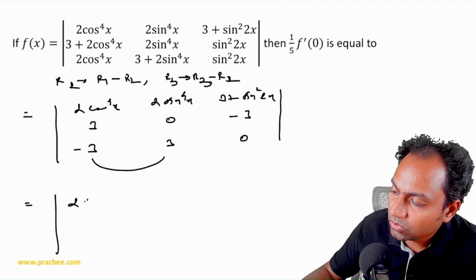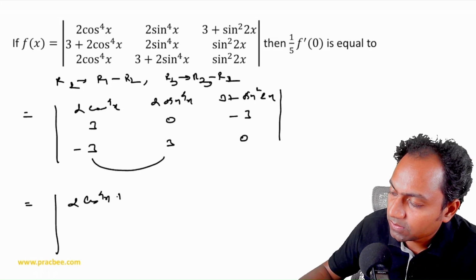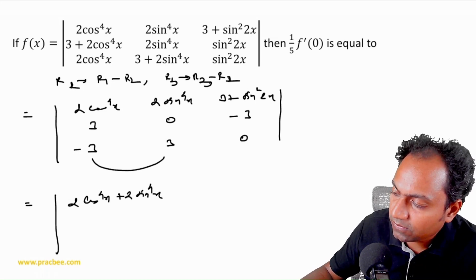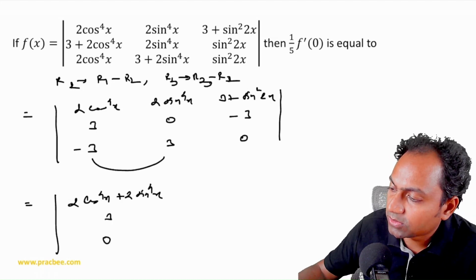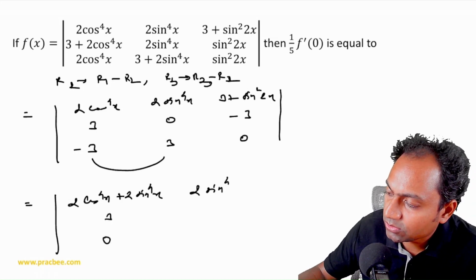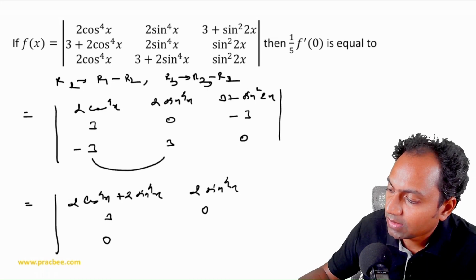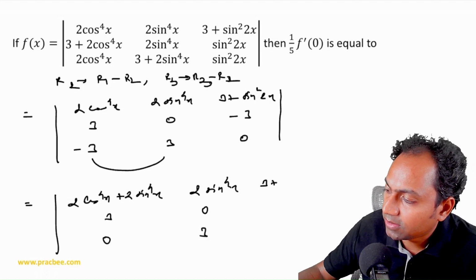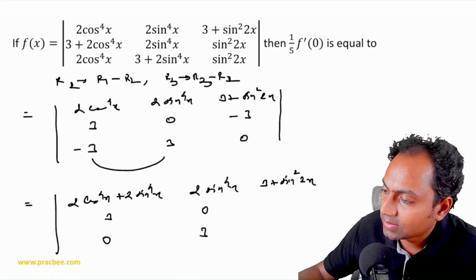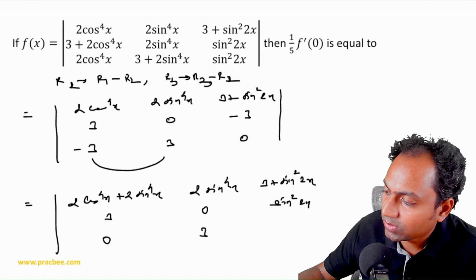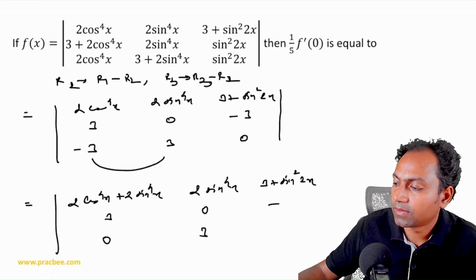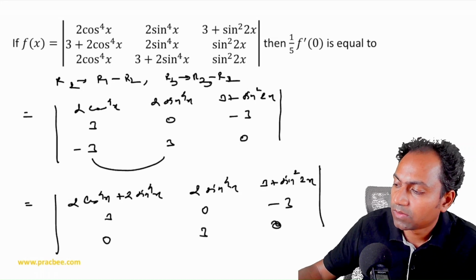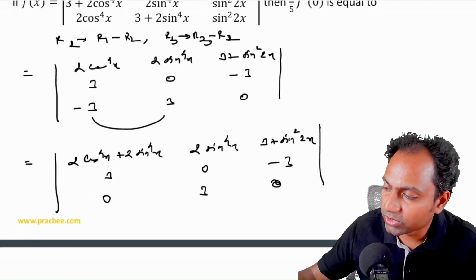So it becomes 2 cos raised to the power 4x plus 2 sin raised to the power 4x. This is going to become 3. This is going to become 0. This is 2 sin raised to the power 4x. This is 0. This is 3. 3 plus sin raised to the power 2x, and this is nothing but sine square 2x. Sorry, minus 3 and 0. This we already did. Got it. So now it has become a very simple question.